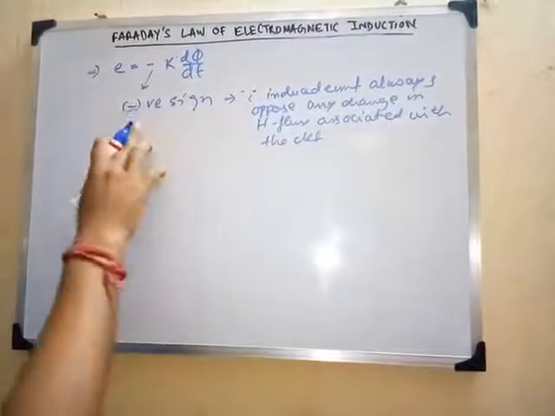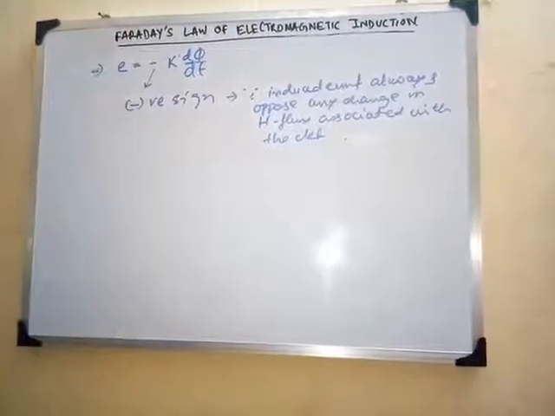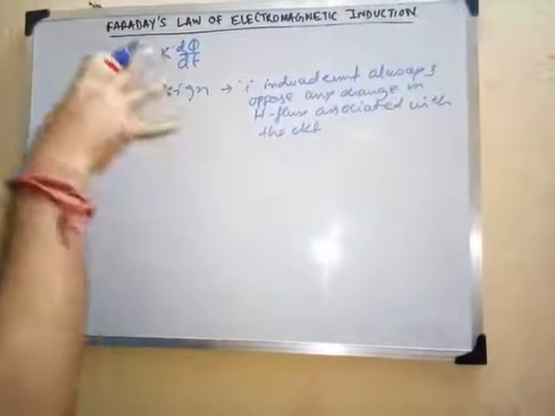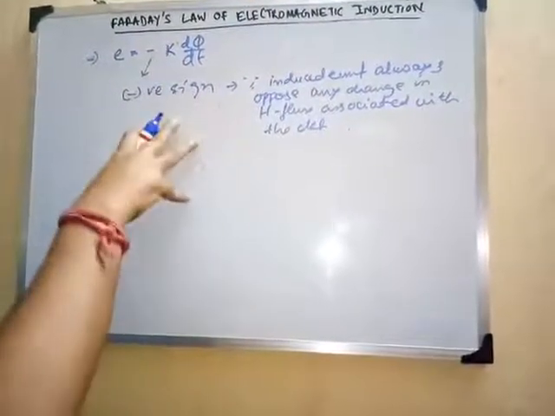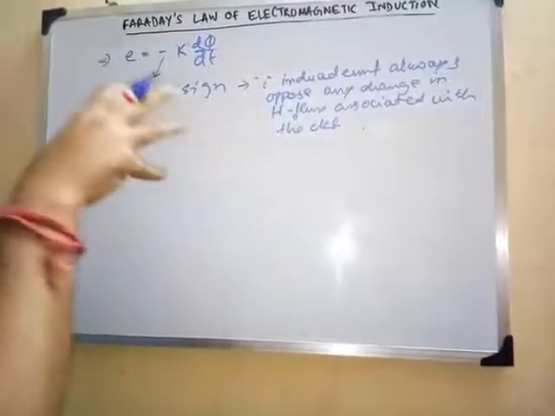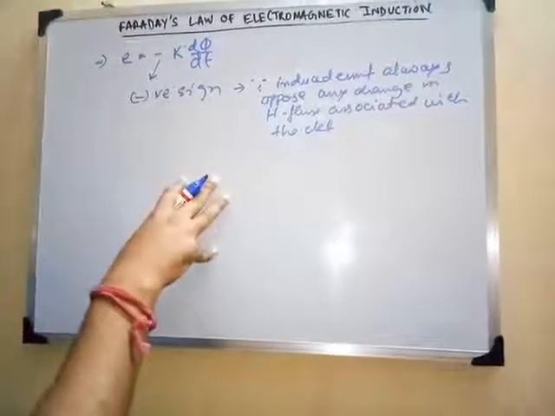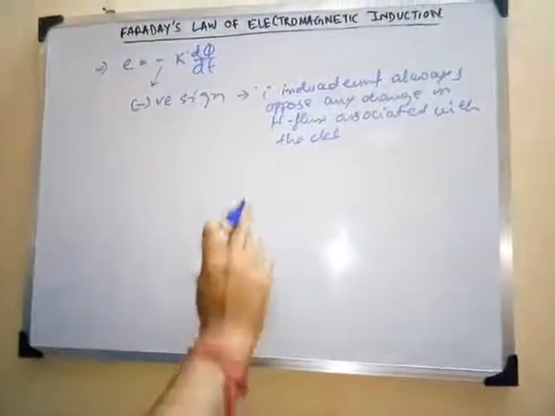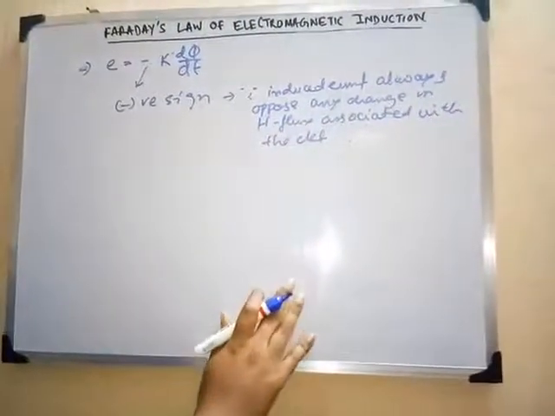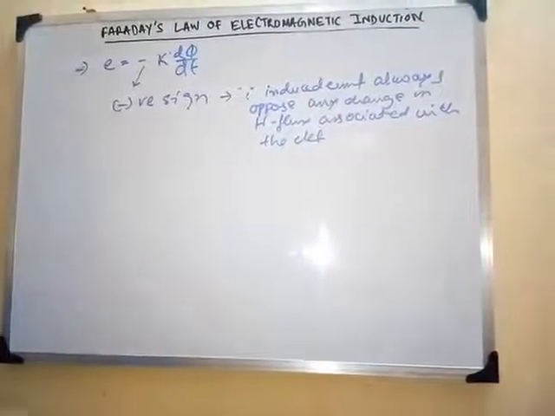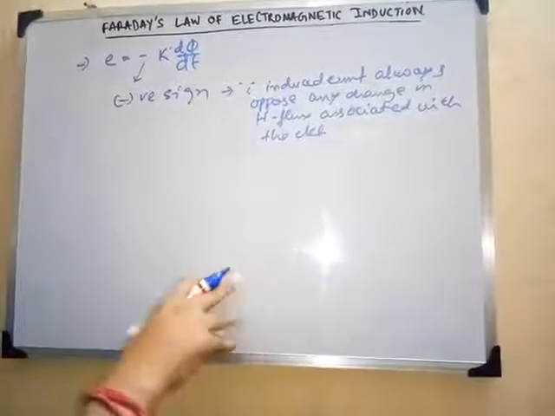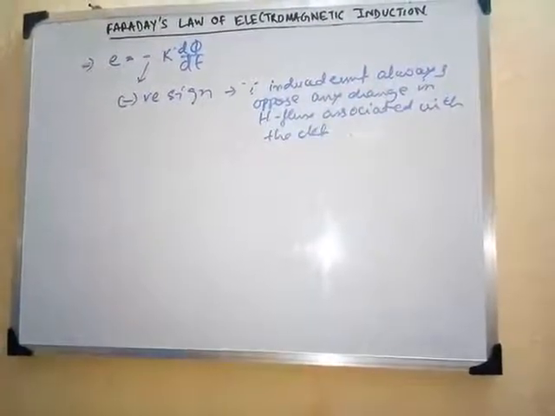This is the reason why this magnetic change is coming. This is important. You have to remember that whatever induced EMF is there within the circuit, the property of that induced EMF is that it opposes any change of magnetic flux associated with the circuit. It does not allow the magnetic flux to be changed, so it opposes the change, right?